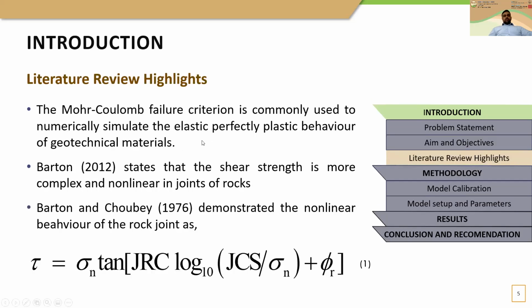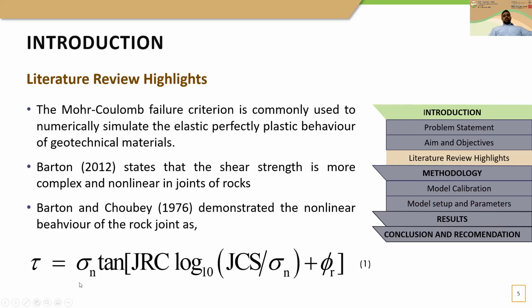Considering the literature review and highlights, the Mohr-Coulomb failure criteria is commonly used, as we know, to simulate geotechnical problems, especially for perfectly plastic and elastic perfectly plastic geotechnical materials. Barton and Bandis, however, state that the shear strength of joints is more complex than that. This is the Barton-Bandis failure criteria presented by them.